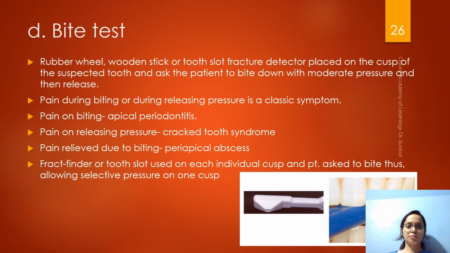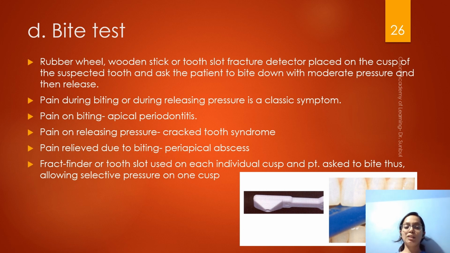Okay. To check for the bite test, we can use rubber wheels, wooden sticks, or tooth slot, and they can be placed on the cusp of the suspected tooth, and we'll ask the patient to not push too much pressure when they're biting, and then we'll ask them to release. If there's pain during biting or during releasing the pressure, then it means that it is definitely a case of a cracked tooth syndrome.